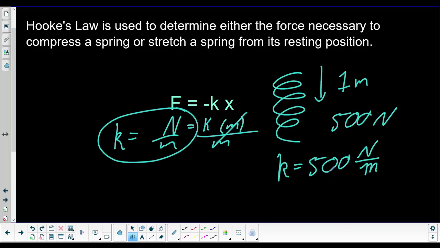And that's in either direction, stretching or compressing. So this number is telling us how many newtons I have to apply to get 1 meter of motion out of my spring.